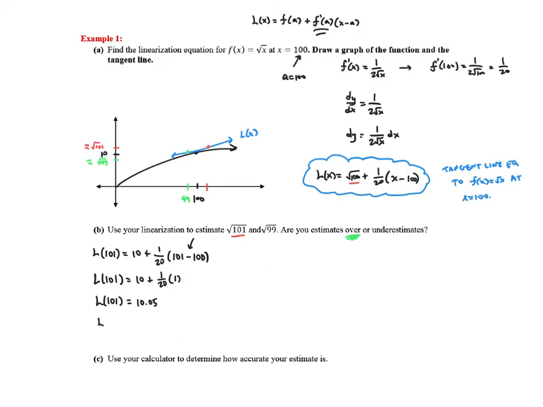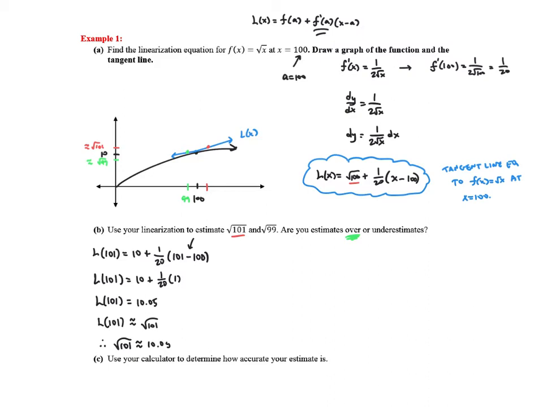Of course L of 101 is not equal to but is an approximation of the square root of 101. Therefore, according to my calculations, the square root of 101 is approximately 10.05.